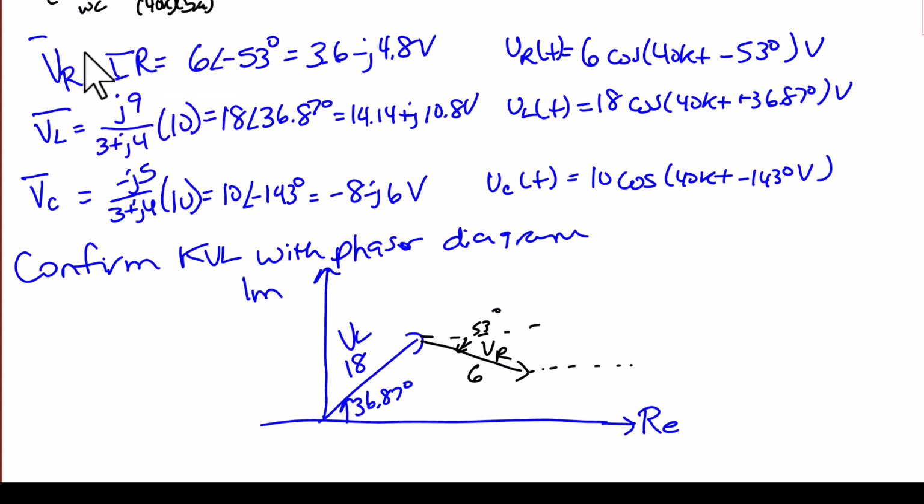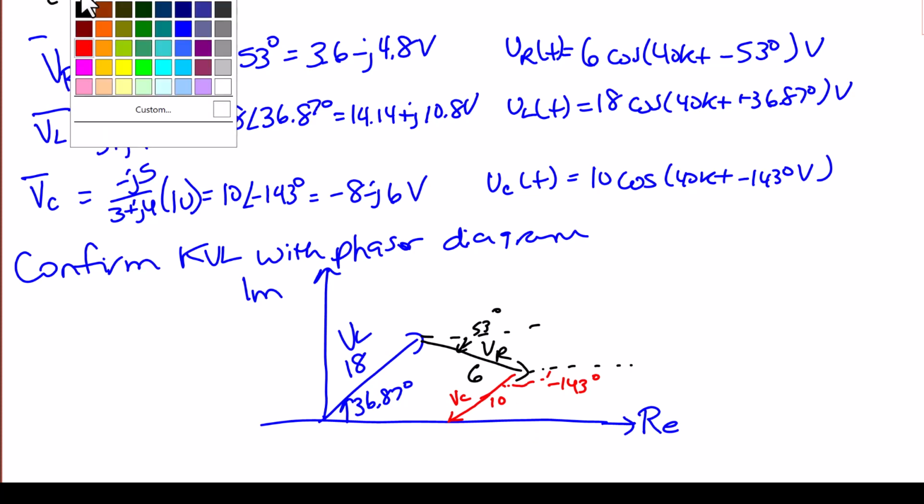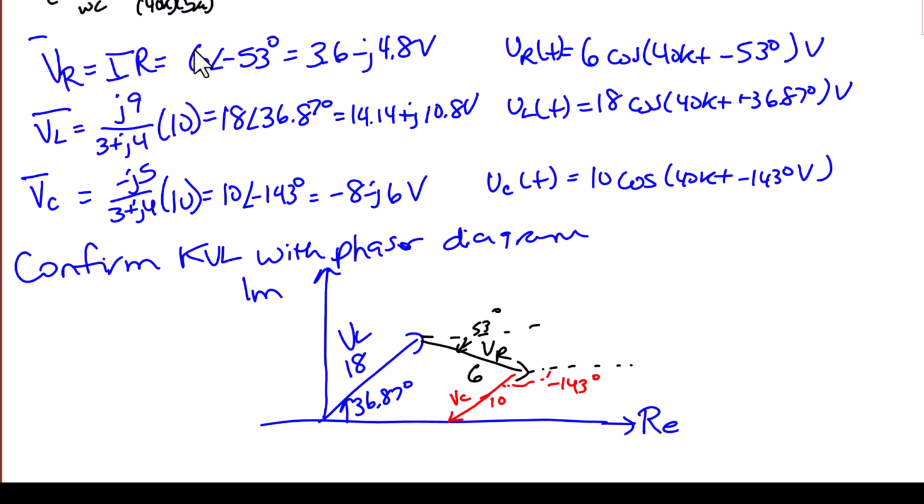Notice this may not be totally to scale. And after I sum all of those up, this should yield the voltage across the source, which is labeled here as 10 with an angle of 0 degrees.